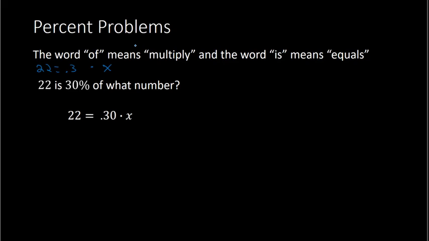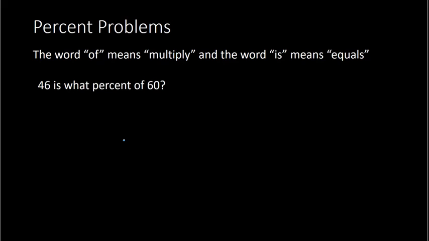So my equation is 22 equals 0.30 times x. And to solve this, I can just get rid of the 0.30 by dividing both sides by 0.30. When I do that, the 0.30's cancel on the right side. We have x equals 22 divided by 0.30, which, if you do it correctly, your answer would be 73.3. So I found that 22 is 30% of the number 73.3.